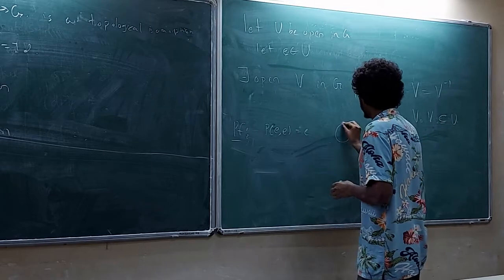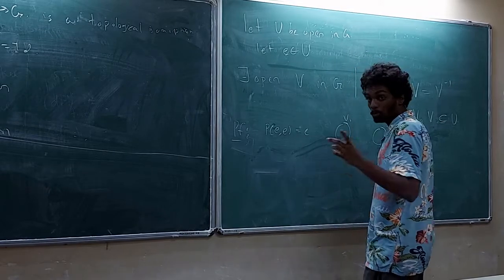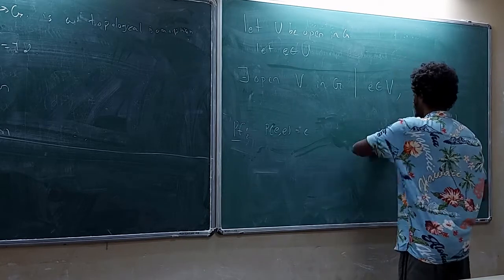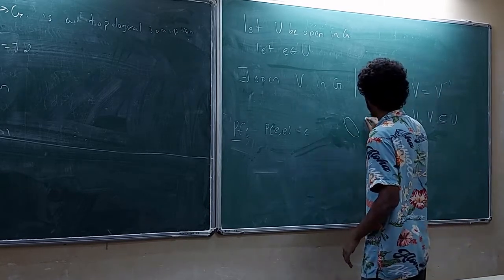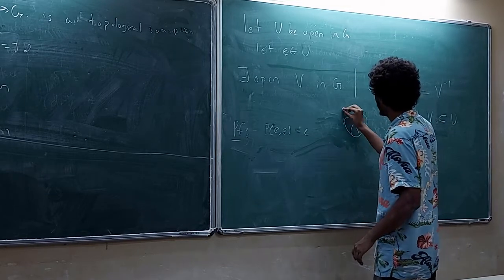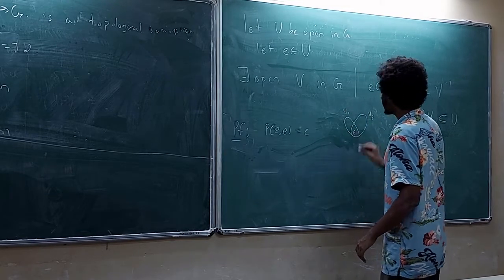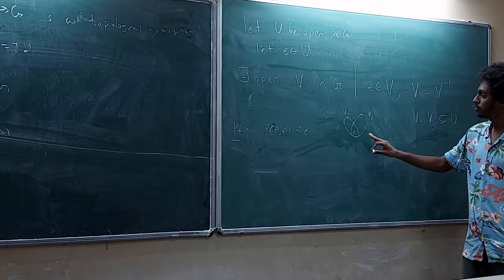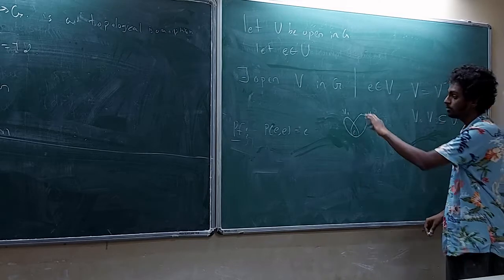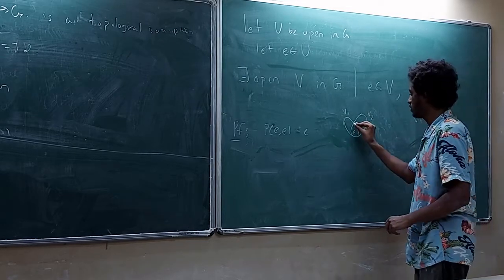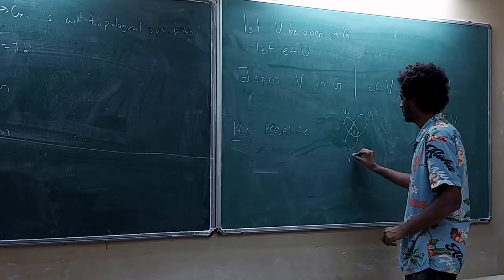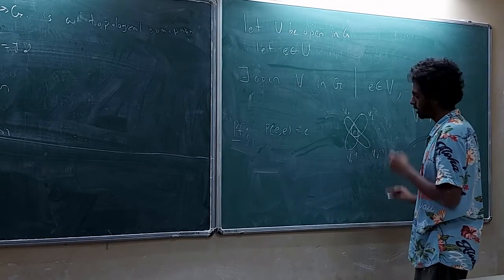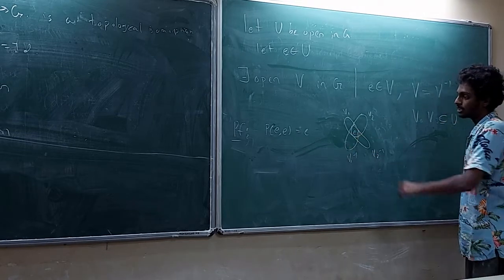So therefore there are two open sets, V1 and V2, that both contain E. I can draw a V1 and a V2 that contain E, right? Now since both V1 and V2 contain E, V1 inverse will also contain E. So we have V1 inverse here and we have V2 inverse that contains E. So all these sets contain E.